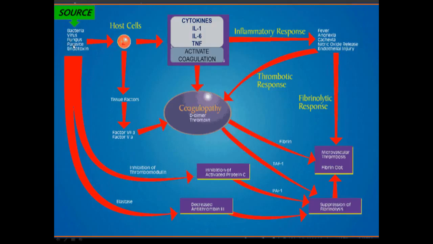Bacteria, virus, fungus, parasites, and the toxins they produce. And that's going to trigger parts of the coagulation cascade in the production of fibrin, which produces fibrous tissue. And it can also be triggered by the organisms causing cytokine release.